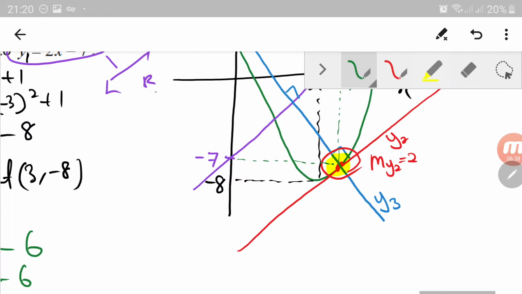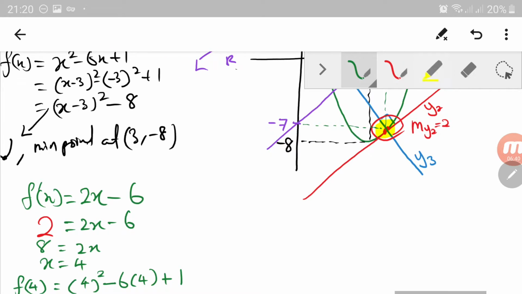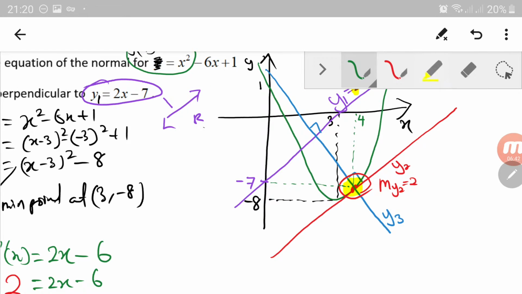So (4, minus 7) is the point that y3 goes through. But we don't know the gradient for y3.